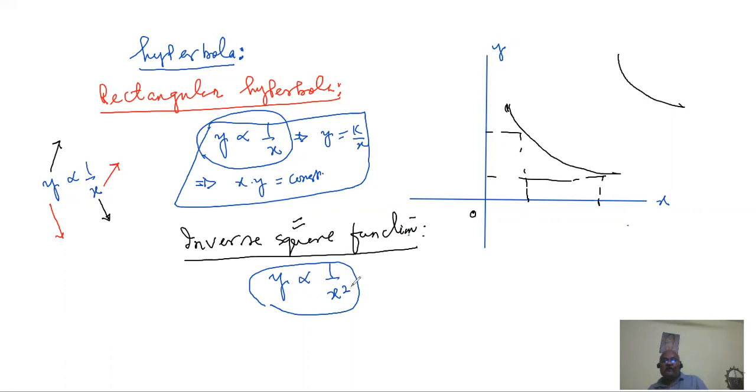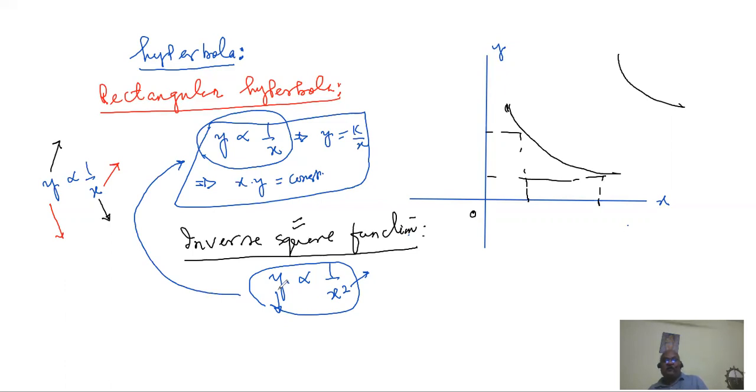So when x increases, x becomes plus or minus, doesn't matter, you know y will be decreasing. But you can clearly see, if you compare this with a rectangular hyperbola, that here when x increases, the change of y will be more powerful.